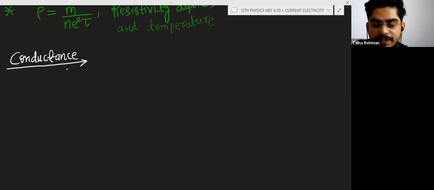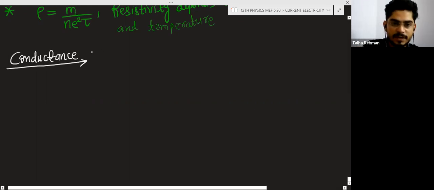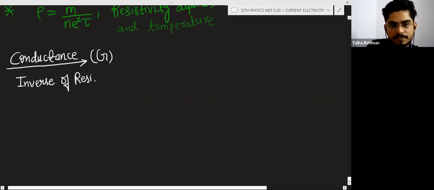So conductance and resistance are just opposite. Conductance is represented by G, and this conductance G is the inverse of resistance, so I can write G is equal to 1 by R.